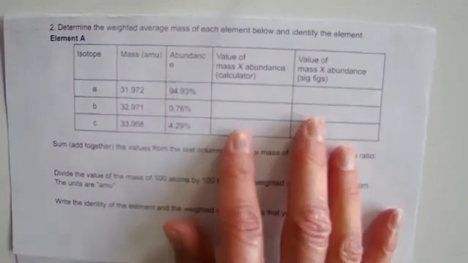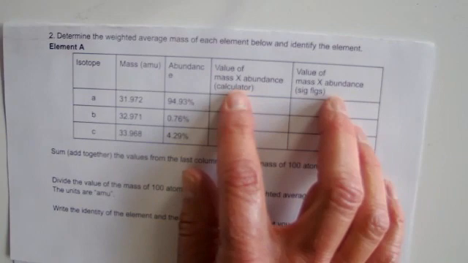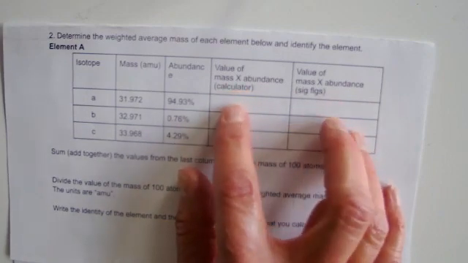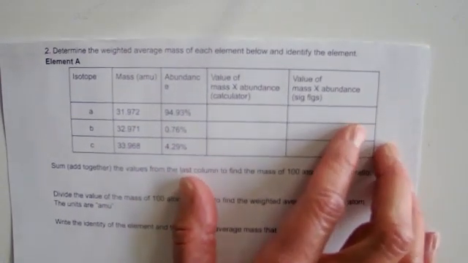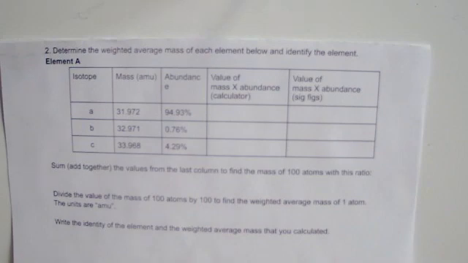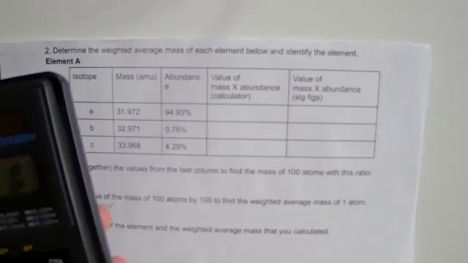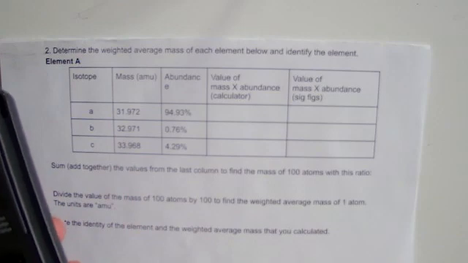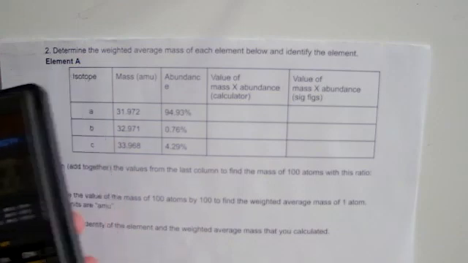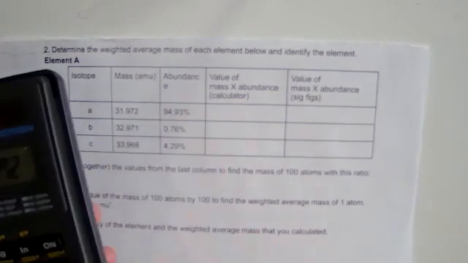So the first step in this process is to get the values of mass times abundance for each of these different isotopes. I'm going to come up with a calculator value that I'll write in here, and then I will be adjusting for sig figs to put into the second value. So in your calculator, you would plug in 31.972 and multiply that mass times the abundance.